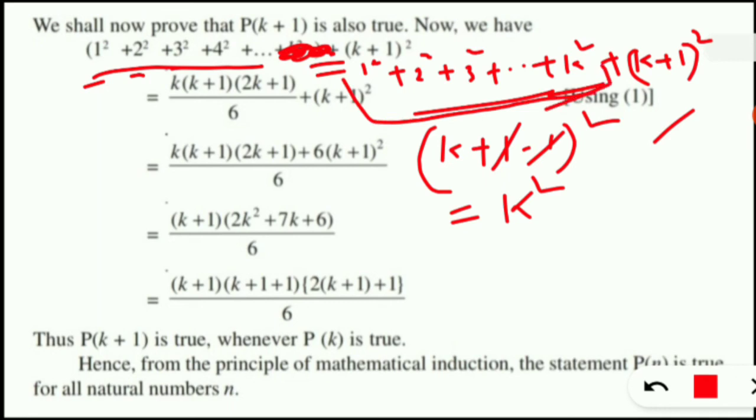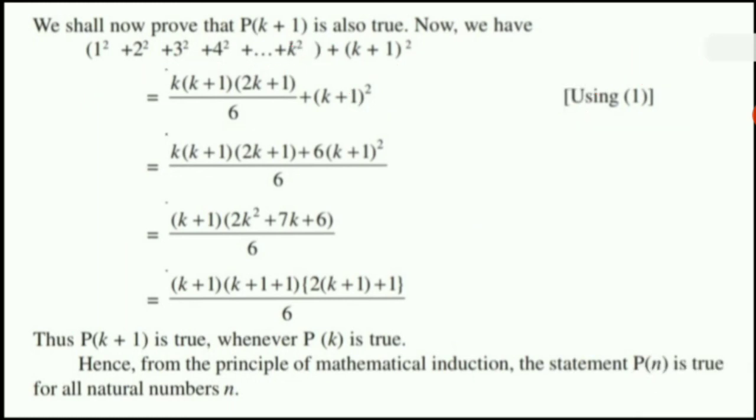So in the second line you write this, after that 1 square up to k square is true. That's why we can write k into k plus 1 into 2k plus 1 whole divided by 6, because we assume that Pk is true. And the last term is k plus 1 whole square. So if we take LCM 6, then k into k plus 1 into 2k plus 1 plus 6 into k plus 1 whole square.